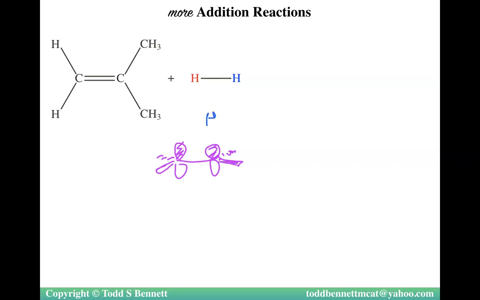If I have my H here, if they add at the same time, then they do what's known as syn addition. They'll add to the same side. If they add one at a time, then one will go, let's say, to the less crowded side. The second one not only comes to the more crowded side, but it usually comes in from the back side, and they add on opposite sides of the pi bond.